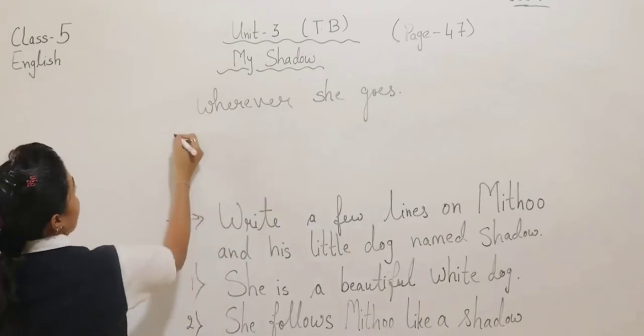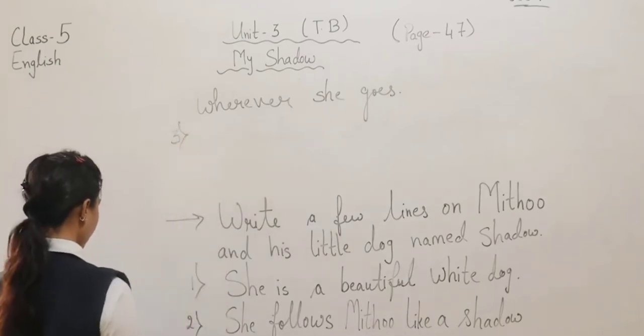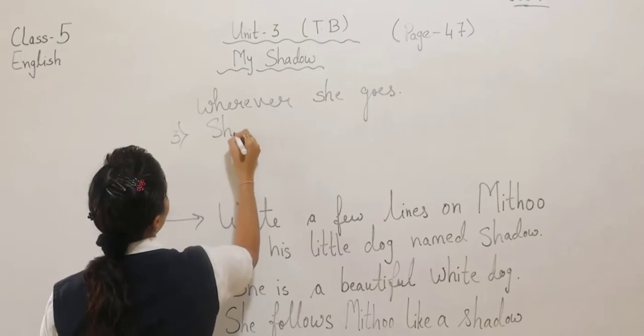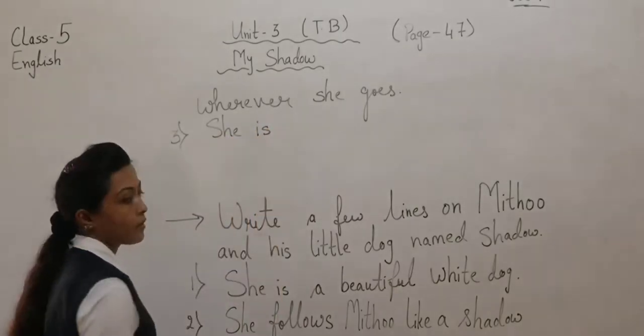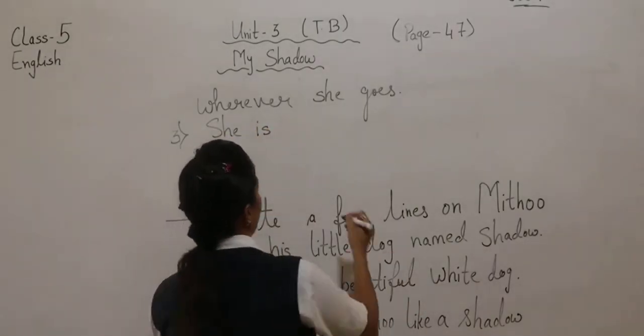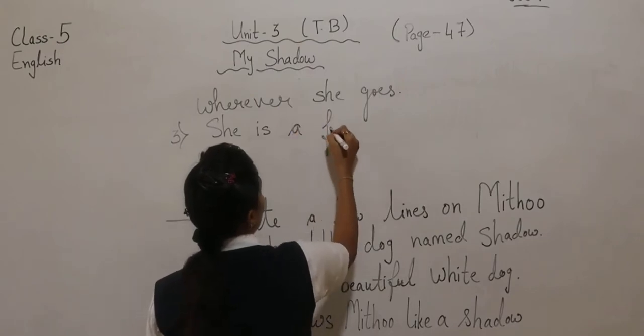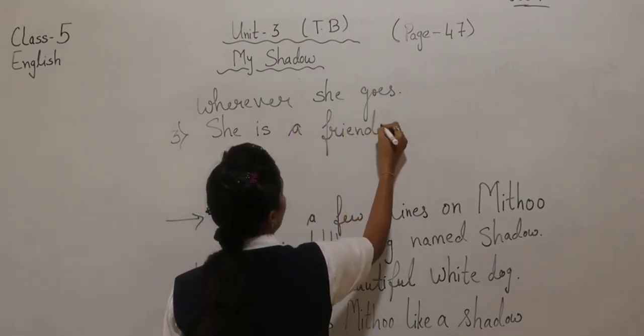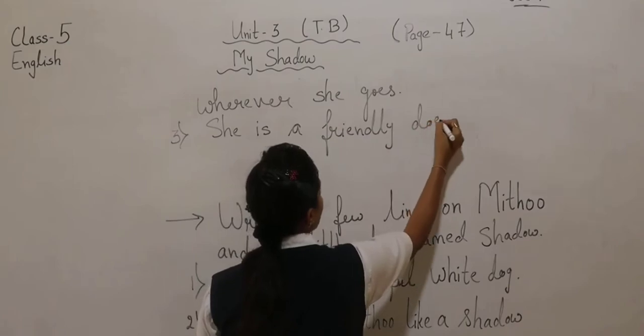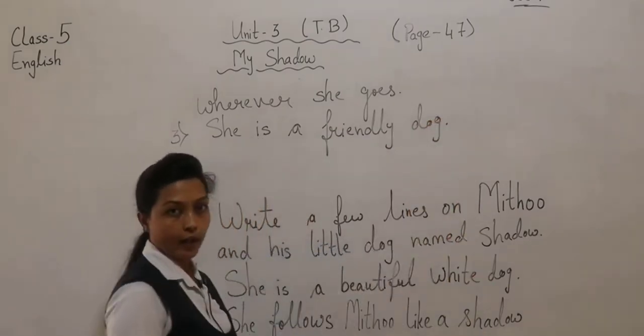Then third sentence, she is a friendly dog. So the nature of the dog is friendly.